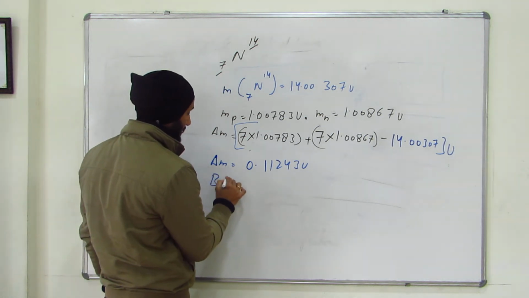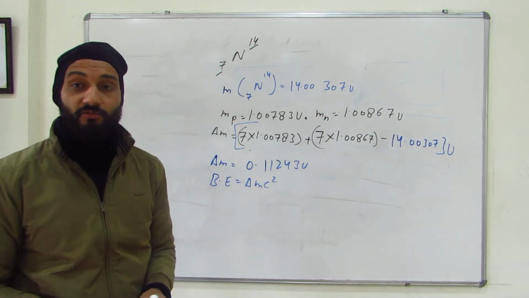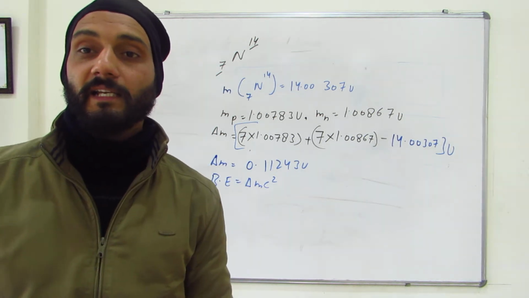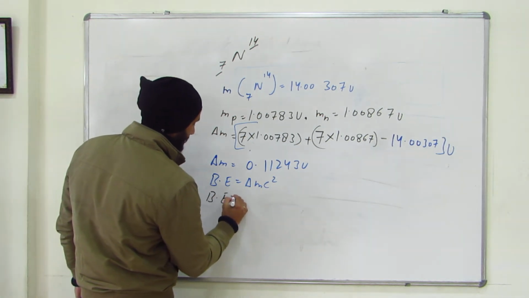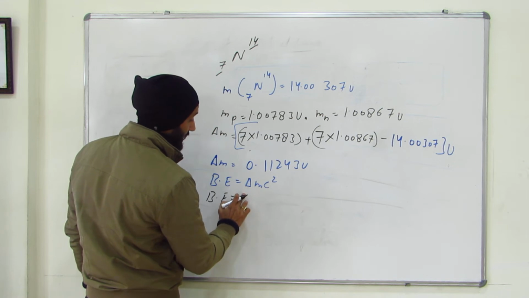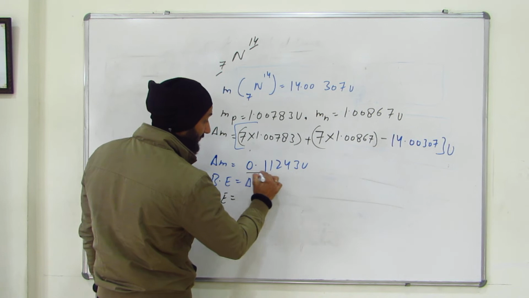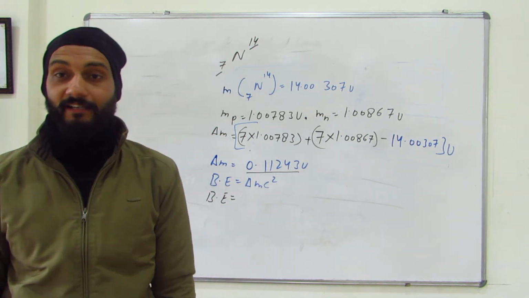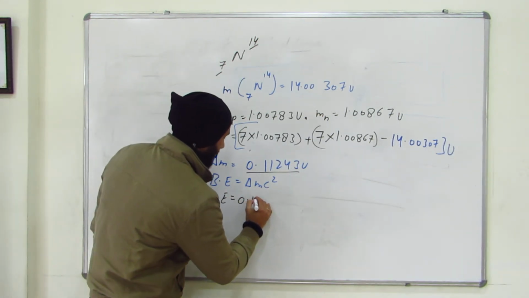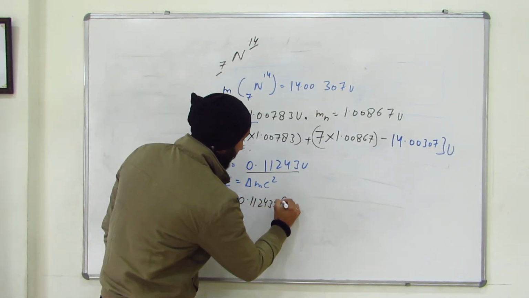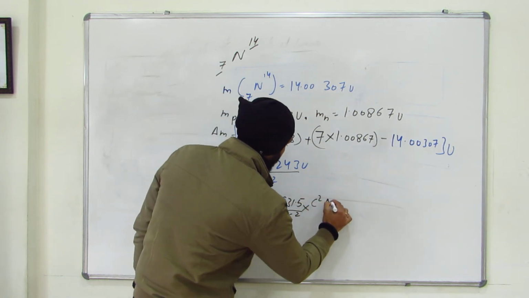But I have to calculate the binding energy. So the binding energy formula I will write, delta m c square. But you know that the binding energy has to be in MeV, which is million electron volt. So for delta M, I have to convert this U into that, and you know how we do that. We will multiply this by 931.5 upon C square. So this is 0.11243 into 931.5 upon C square into C square MeV.